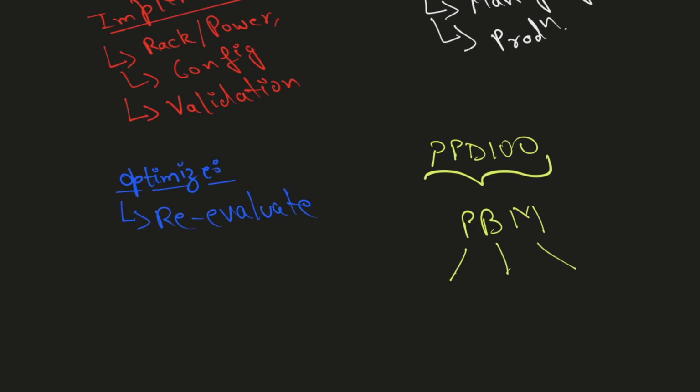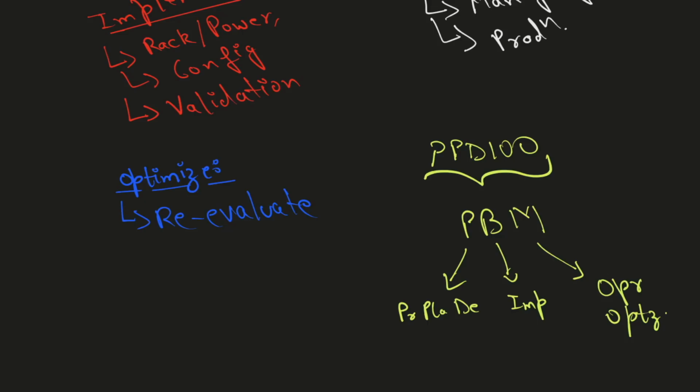So essentially, in this methodology, your plan phase covers the prepare, plan, and design phases, as described in the PPDIOO methodology. The build phase directly maps to the implement phase. Similarly, the manage phase maps to the operate and optimize phases. So we do have a direct correlation or a direct mapping between the PBM methodology and the PPDIOO methodology.